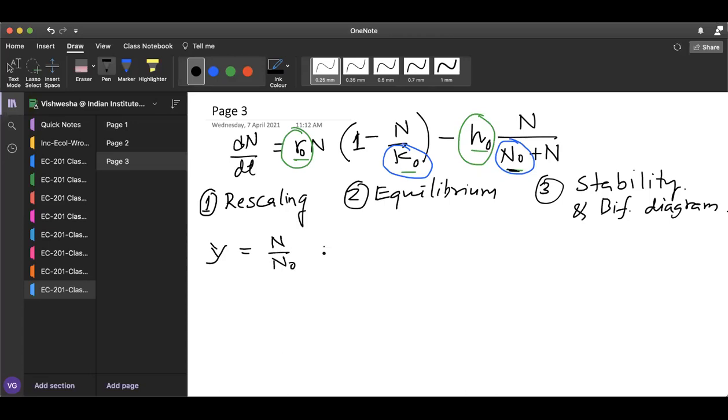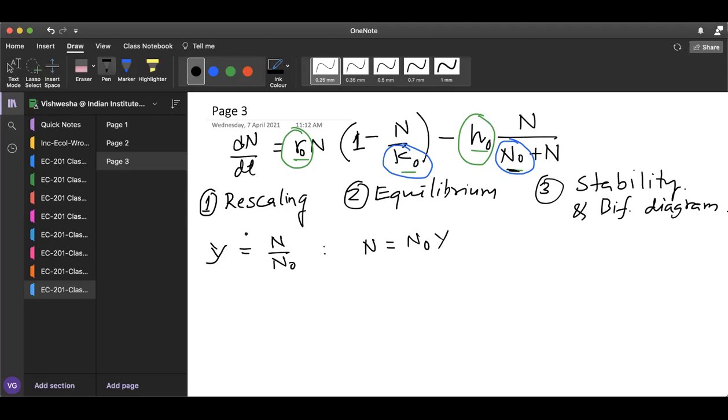So when I do this, what does that mean? I can replace n by n0 times y everywhere. Shall we do that now? If we do this, what do we get?